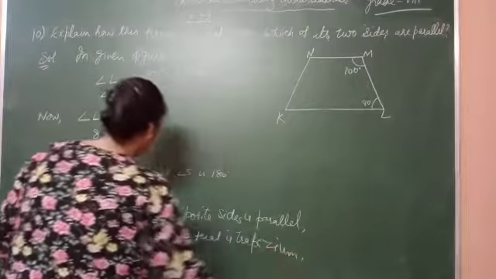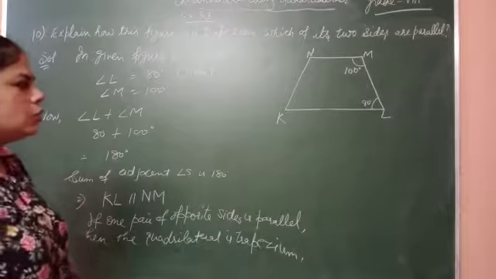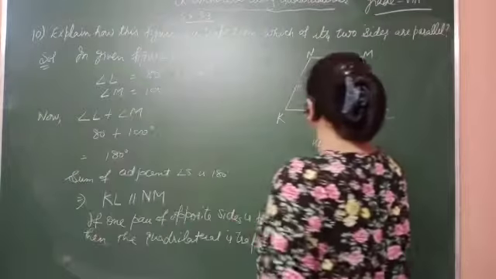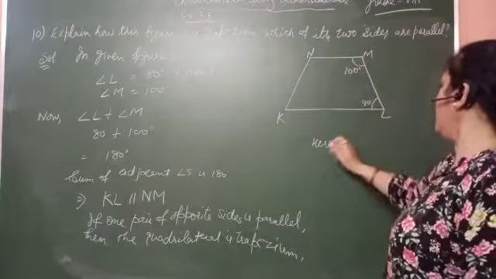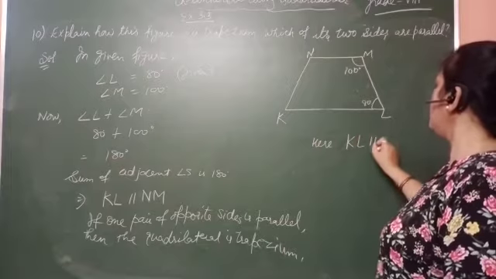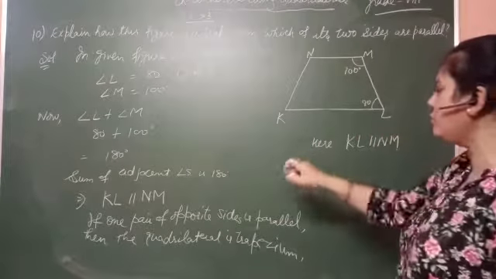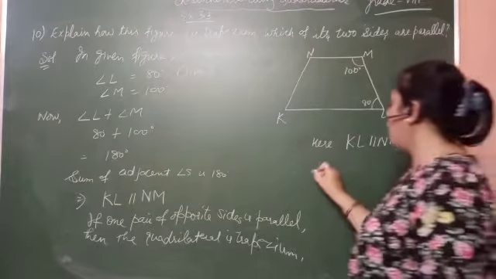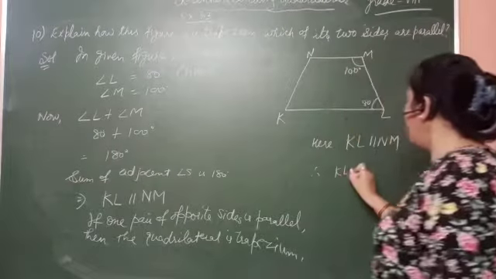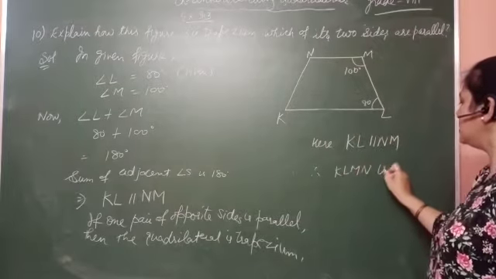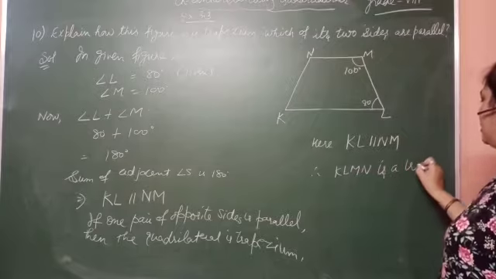So here KL is parallel to NM. We have proved, therefore KLMN is a trapezium.